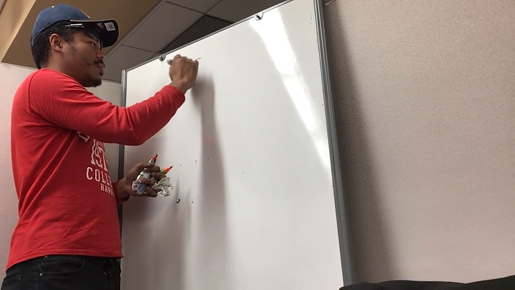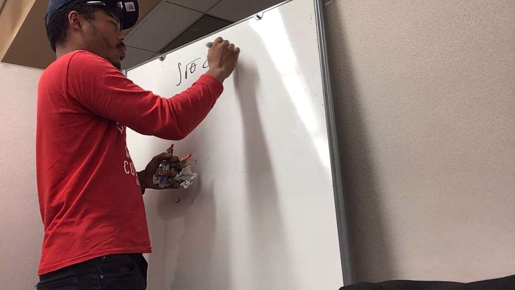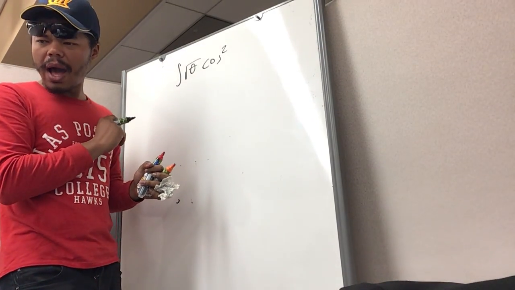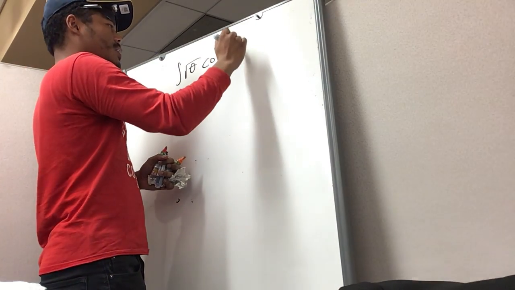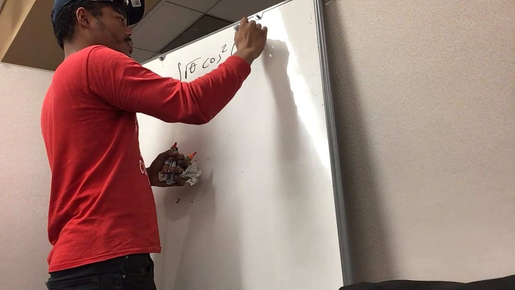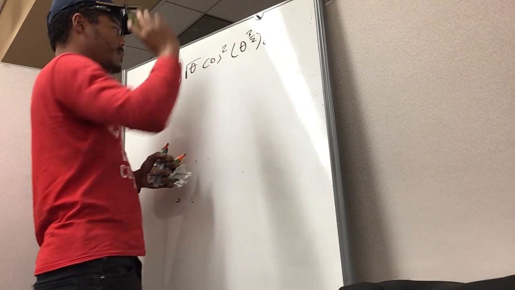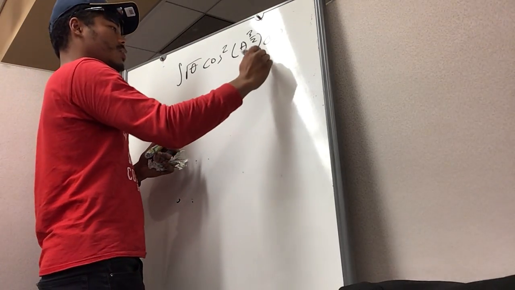Root theta cosine squared, theta to the 3 over 2 d theta. I hope you know your trigonometry. We're going to make u equal theta to the 3 over 2.